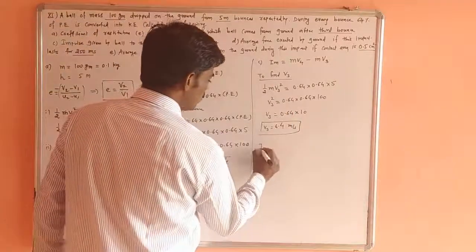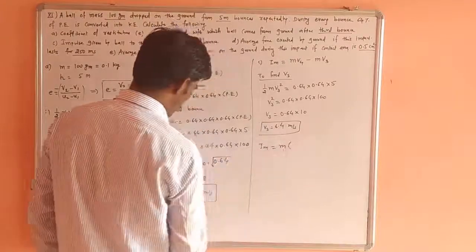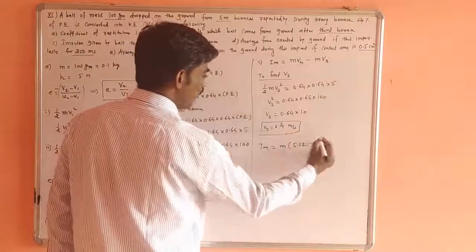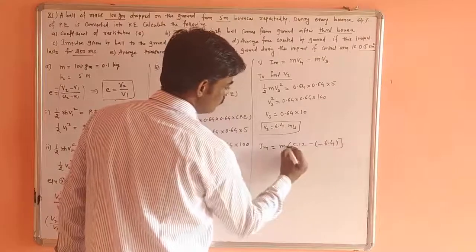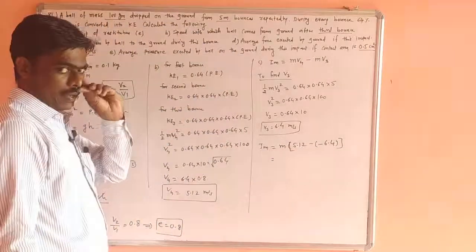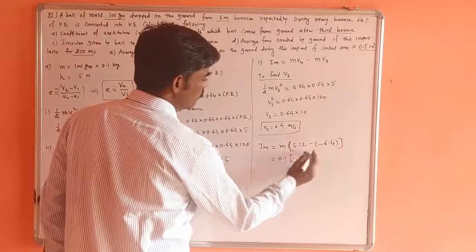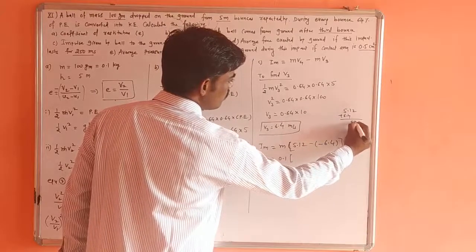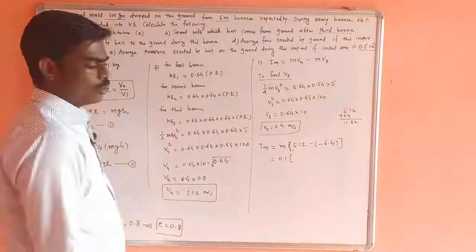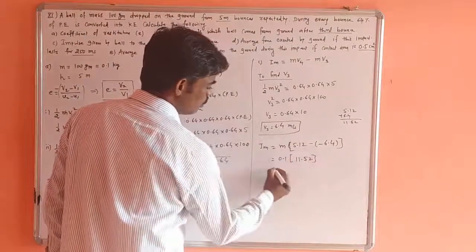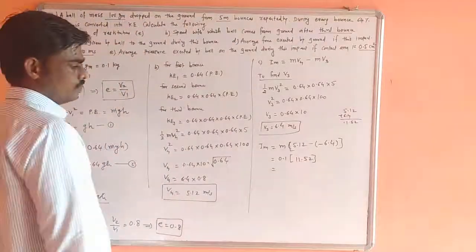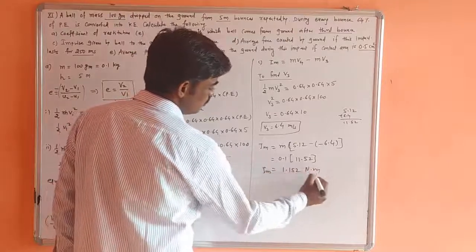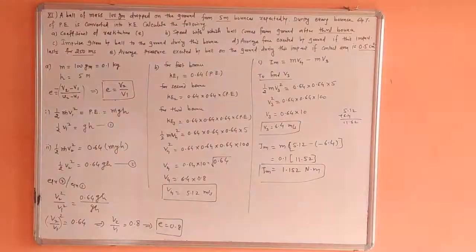So when we substitute here, what we get? m in bracket, v4 is 5.12 minus v3, minus of minus 6.4, m is 0.1, minus minus plus, so 5.12 plus 6.4 becomes 11.52, multiplied by 0.1, so it becomes 1.152. This is the impulse, Newton meter.